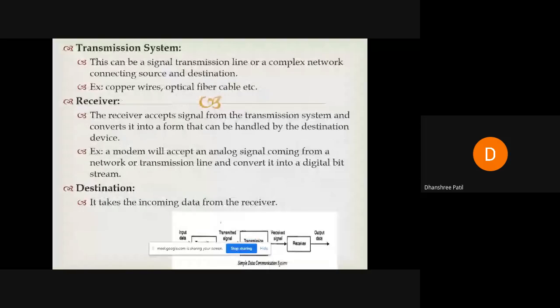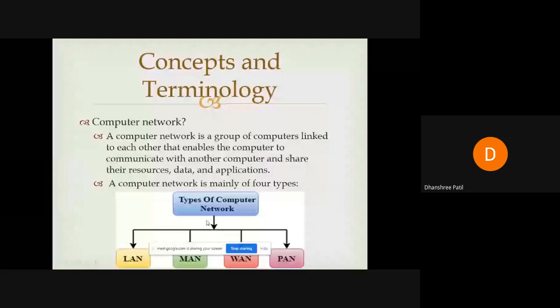Then we have seen what is meant by a computer network. Whenever a number of computers are grouped together and communicate with each other, or share resources, files, data, or applications, it is called a computer network. There are four types: LAN, MAN, WAN, and PAN.